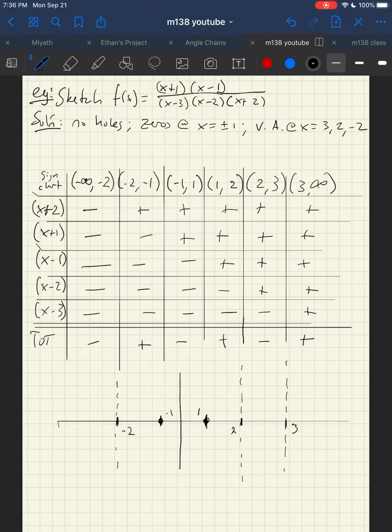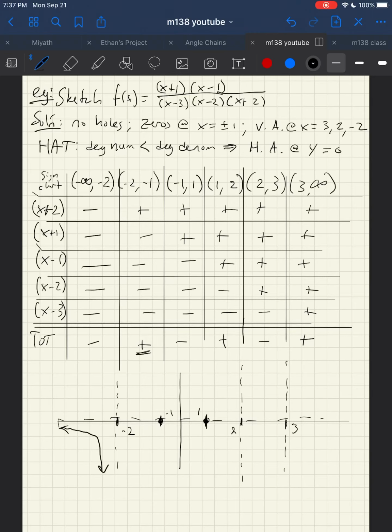The horizontal asymptote theorem tells us the degree of the numerator is strictly less than the degree of the denominator, which implies a horizontal asymptote at y equals 0. So I've also got this horizontal asymptote at y equals 0 here. Since I'm starting negative, it's going to follow that horizontal asymptote until it gets close to negative 2, at which point it follows the vertical asymptote.